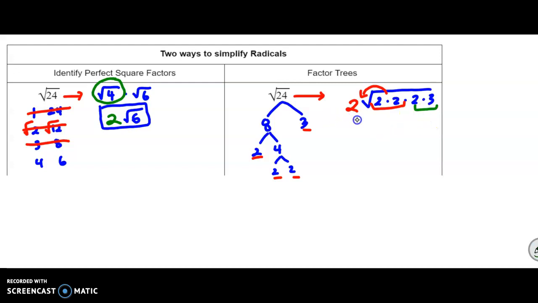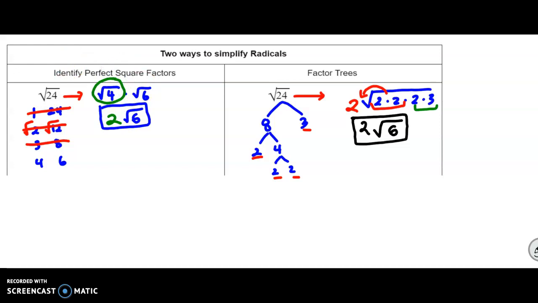So inside the square root, we have the unfortunate 6, and the 2 got to come out, all right? And we end up with 2 root 6 still, okay? So you could break it down into factors if you'd like, or you can find pairs that multiply to that number in order to identify perfect squares, right?